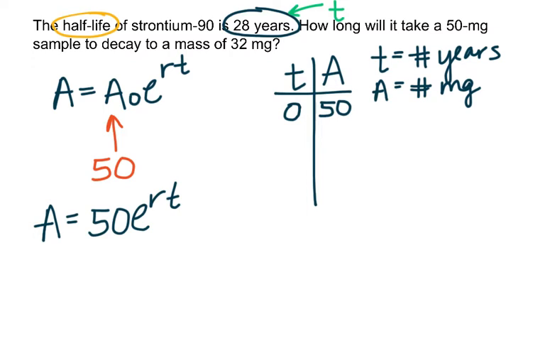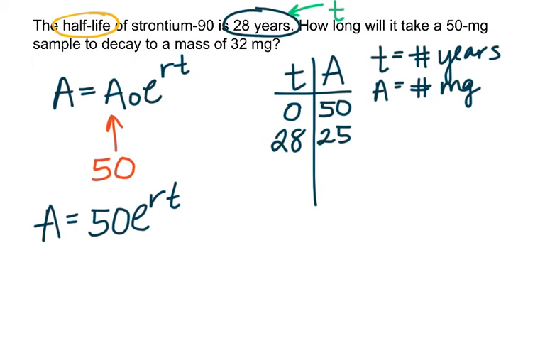In other words, they'll put it in for A, but it's a time value, so make sure that you have it here for t. And if the half-life's 28 years, that's how long it takes for our amount to decay to half of what we started with. So if we started with 50 milligrams, now we have 25. Half of the original amount.